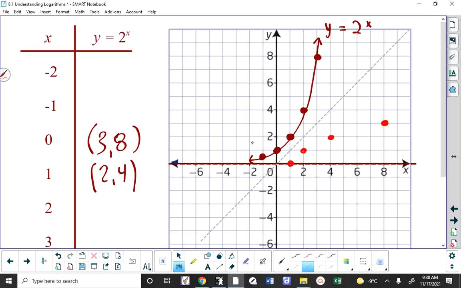And this again is reinforcing the idea here that everything true about y becomes true about x, because on the exponential function, y equals 2 to the x, the y-intercept is 1. So on the inverse function, the x-intercept better be 1. And the inverse function is, and I'm just going to write it here right away, y equals log base 2 of x.